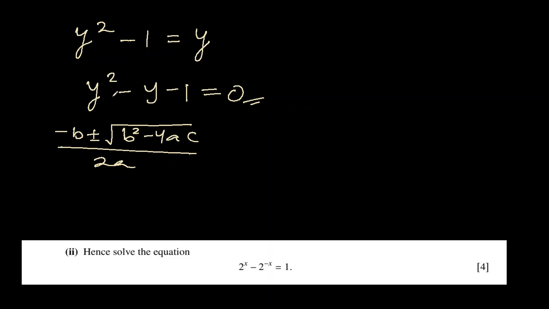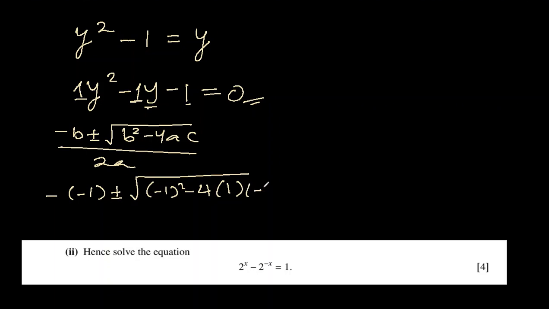So if I look at this equation, this is b, minus 1. The coefficient of y, minus 1, is b. 1 in front of y square is a, and this one is c. So everything is 1 or minus 1. We'll just substitute that here. So minus of minus 1, plus minus square root of minus 1 square minus 4 times ac, over 2 times 1.